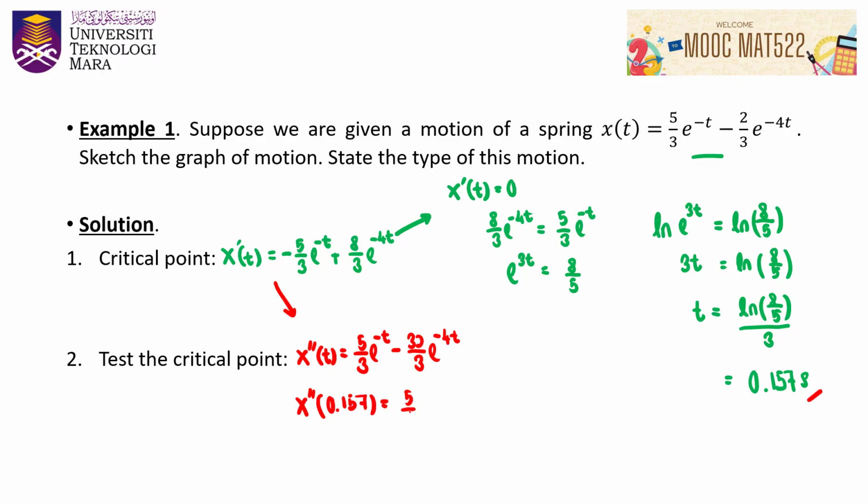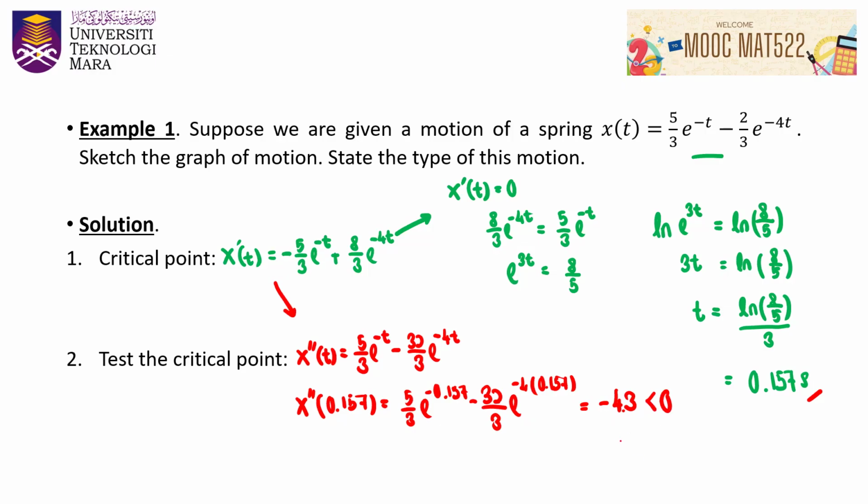So after substitution, here negative 0.157 minus 32/3 exponent negative 4 multiplied by 0.157. We perform the computations and notice that in the end, the answer gives us negative 4.3. This value is less than 0.